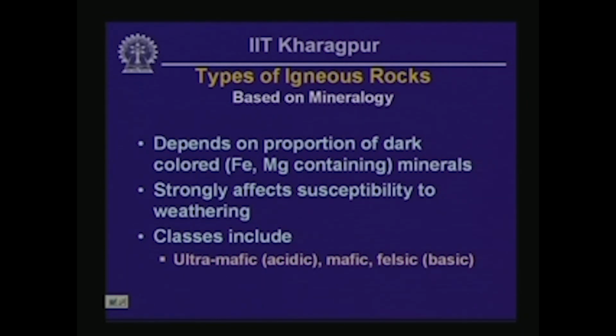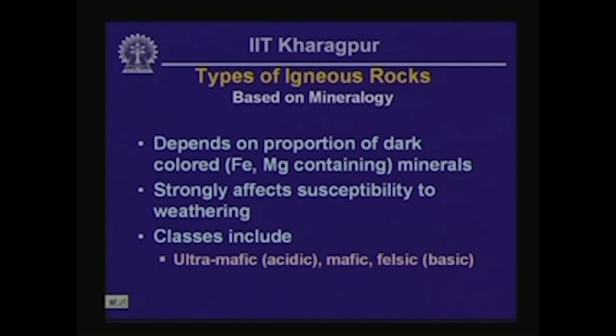As far as the proportion of dark colored mineral and light colored mineral is concerned, one could get ultramafic rocks, which are composed mainly of very dark colored mineral, and then if it is composed mainly of very light colored mineral, you are going to get a rock that is called felsic rock.